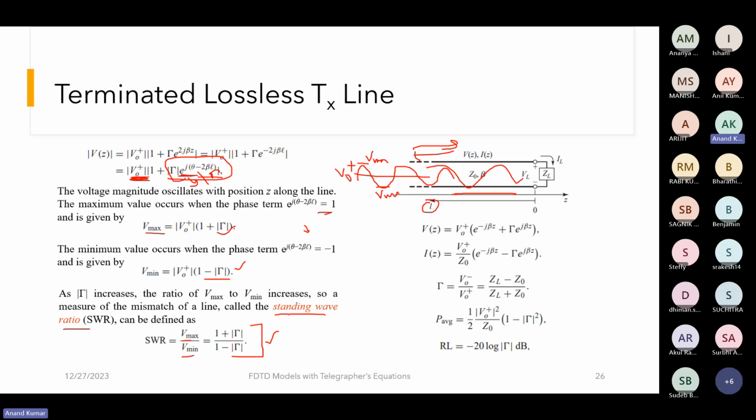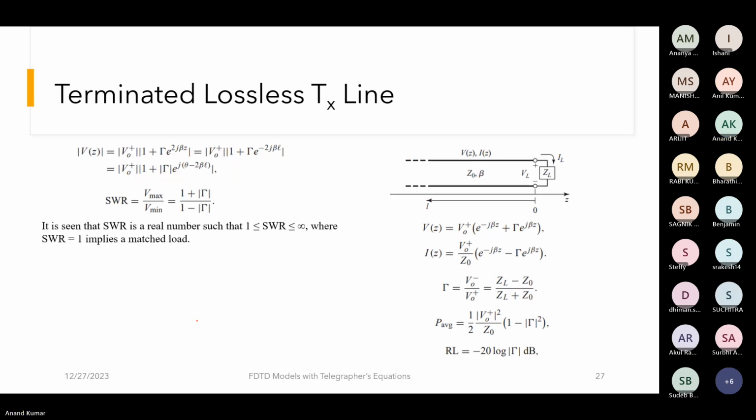This standing wave ratio gives us a measure of the mismatch of the line. So what do we mean by this? The standing wave ratio can vary from 1 to infinity, and when it equals 1, it means it is a matched load. This will become 1 if the reflection coefficient becomes 0.